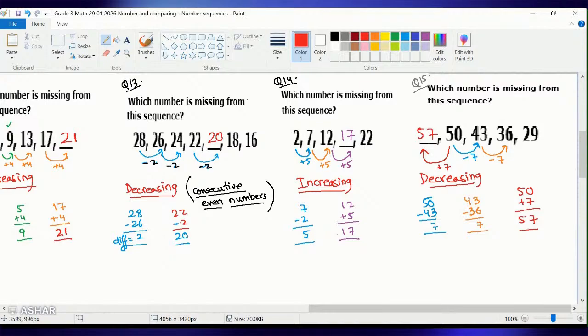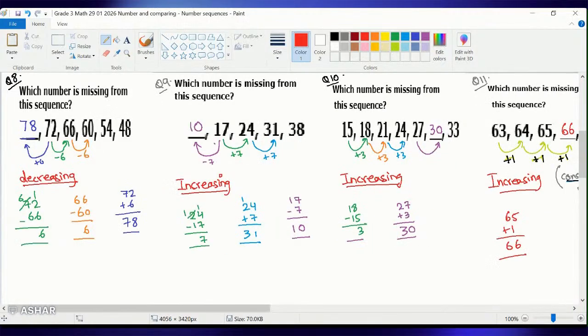Okay. Moving ahead to the test, let's do some questions from the test. Let's see what the first question is given to us. Okay, question number 1 says, which number is missing in the given sequence? Just a moment, I'll just copy and paste this. I'll give the heading for the test.